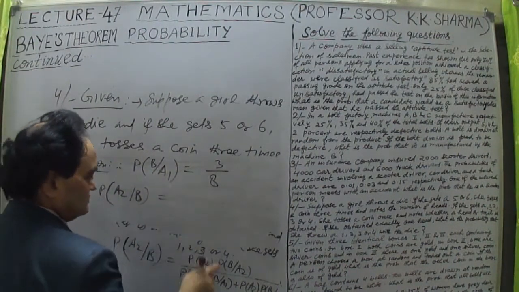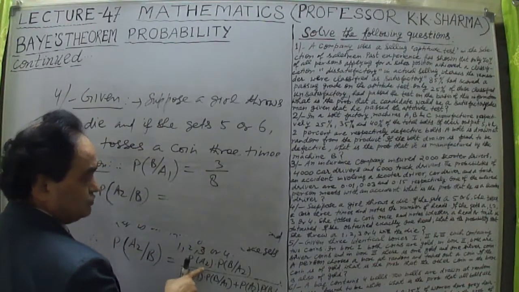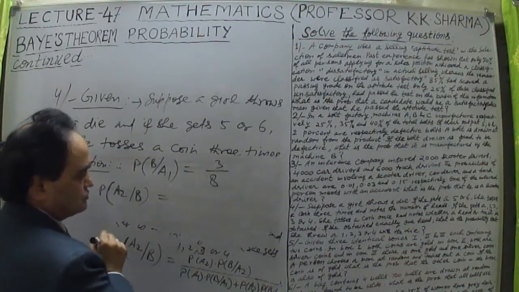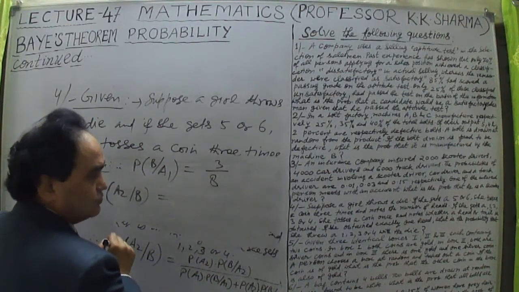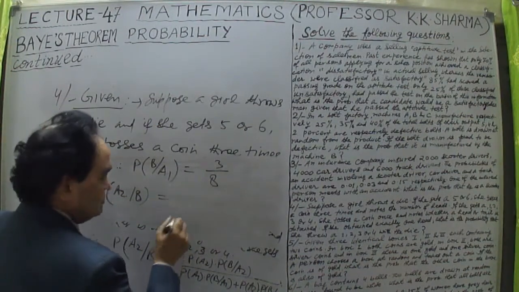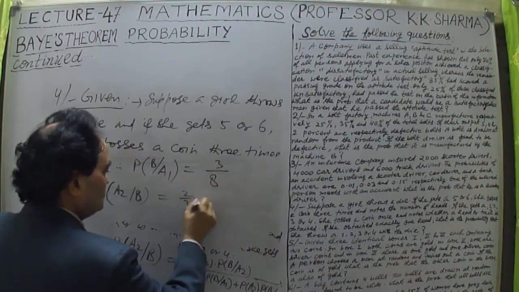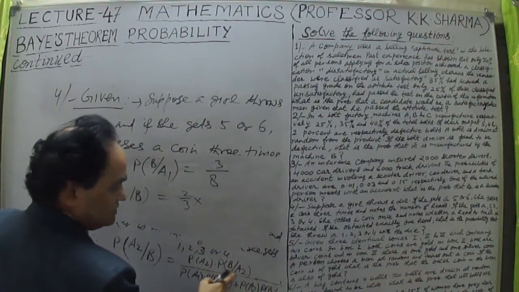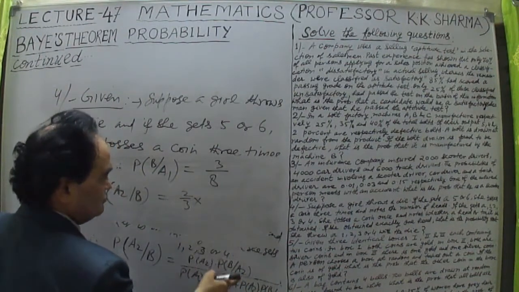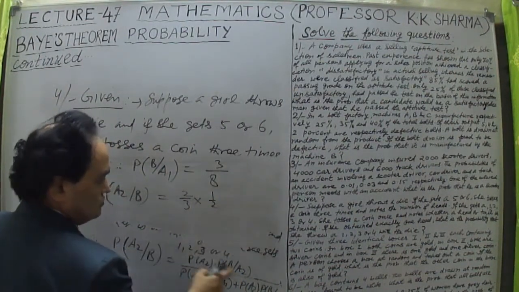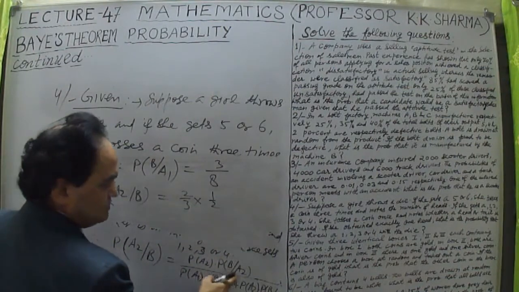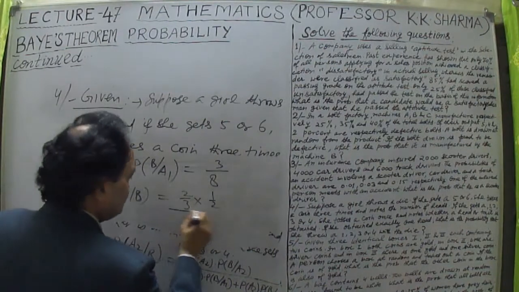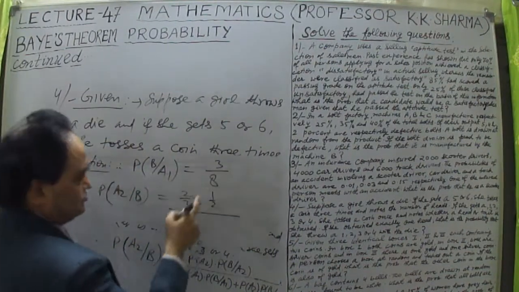Now this will give us this value. Probability of A2, what was it? 4 upon 6, that was 2 upon 3. 2 upon 3 into getting head once only. This was 1 upon 2, the second event, B upon A2, that was 1 upon 2 probability. B upon A1 is 3 upon 8.